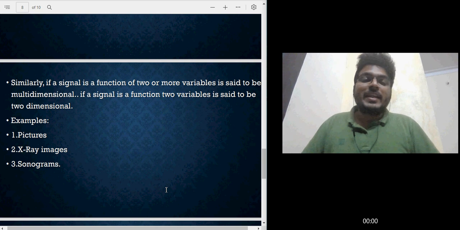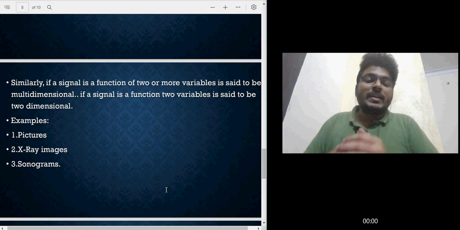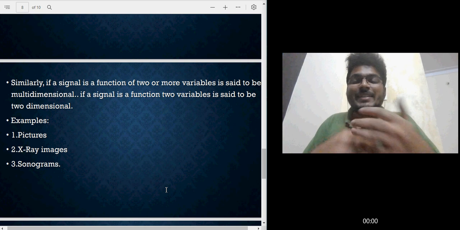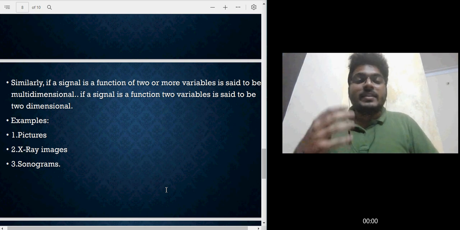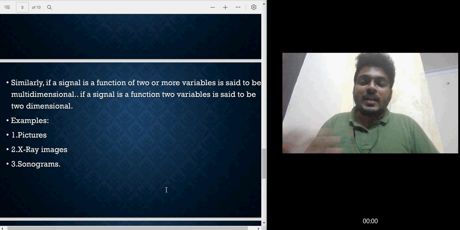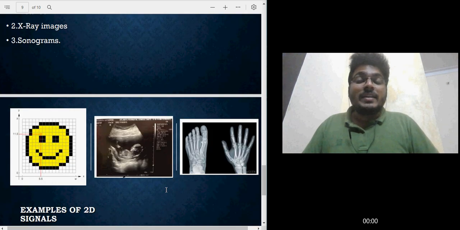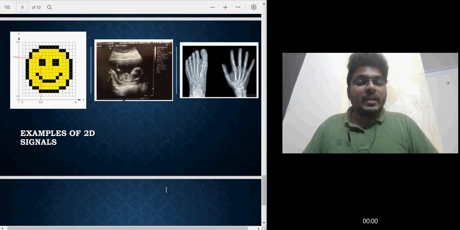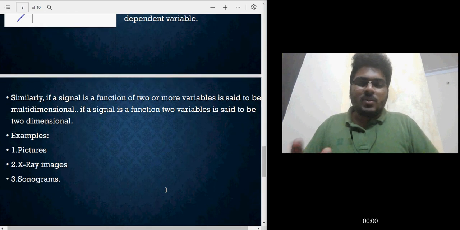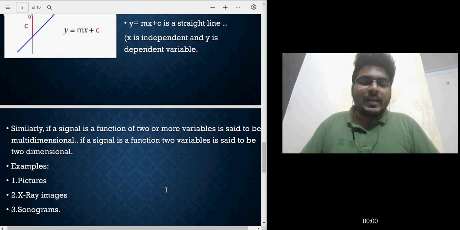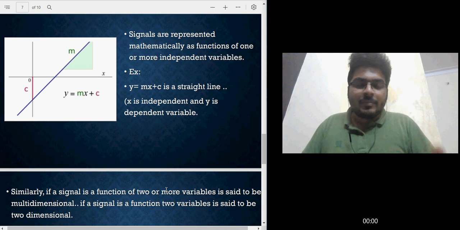Some examples of how a signal can be represented by taking the dimensions: 1D signals, and 2D signals, which are examples like pictures, X-rays, sonograms. There are also some examples of 3D signals. But okay, this part we'll consider in the next video in depth if it is required.